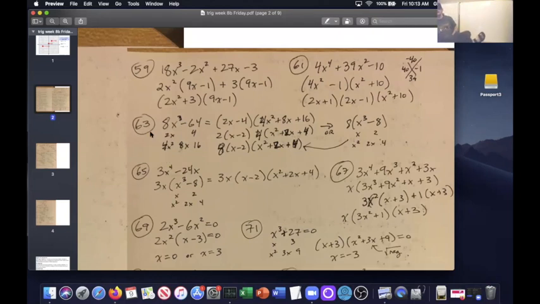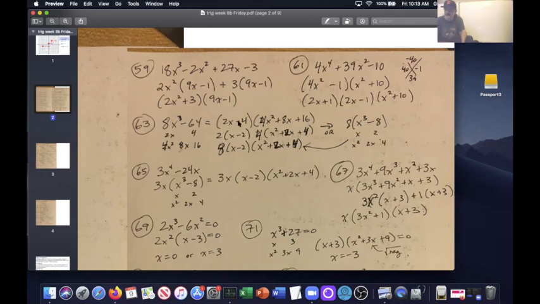63 was interesting because if you factored out the 8 first, then you could do your difference of cubes and you get what you have here. Or if you didn't do that, so I did it both ways, then you would get this expression, and it looked to me like there was a whole lot of multiples of 2 and 4.